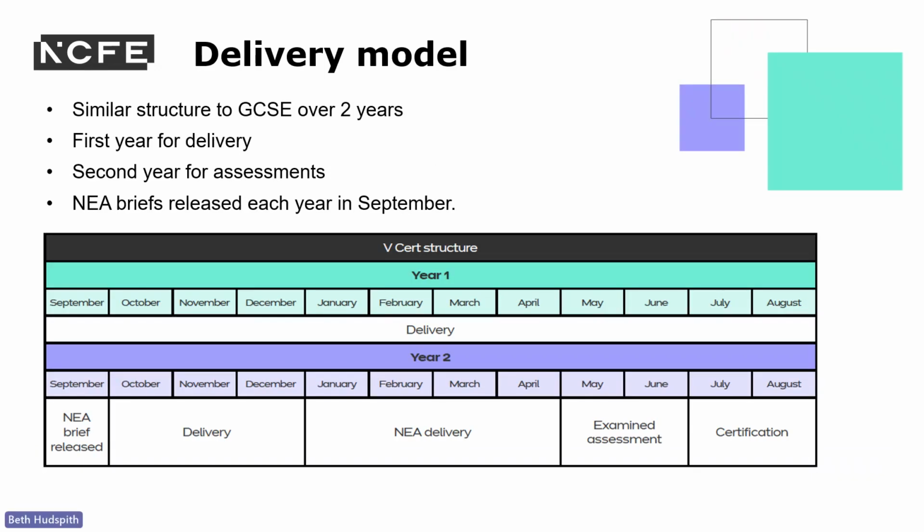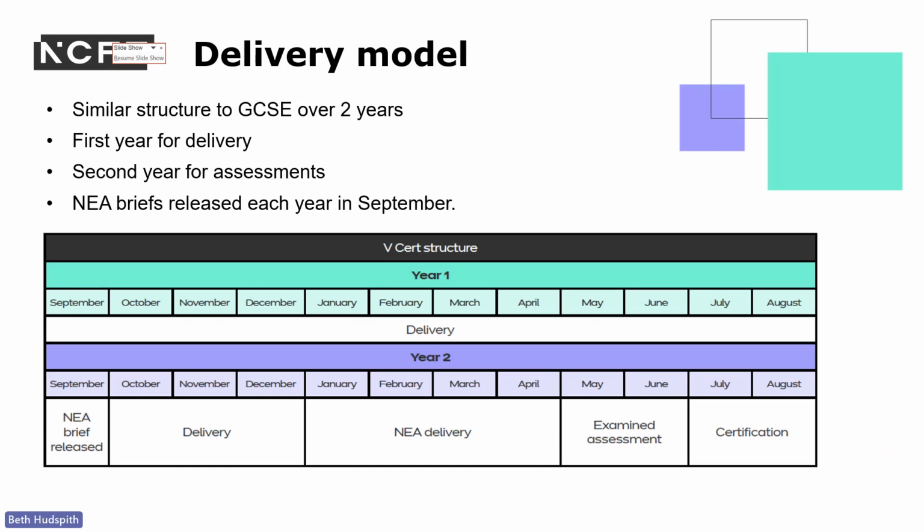Thanks. So I guess that moves on to delivery model, Beth. Yeah, so this is a visual of the structure of the new V-certs, and I think it really helps for us as visual learners to see it in this format. We did cover the structure more in the Prep to Teach Part 1, and that video will be available on YouTube soon for you to view, and that's going over the V-certs as a whole, whereas this Prep to Teach is for the graphic design.